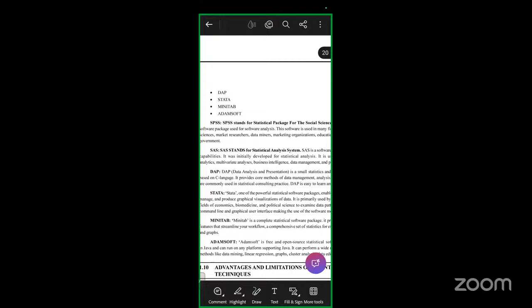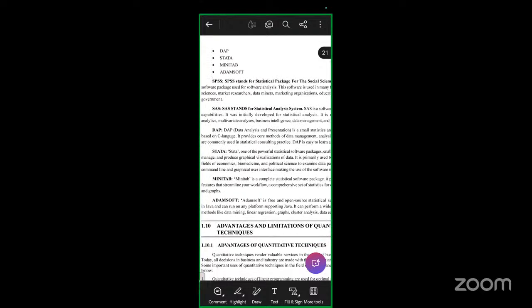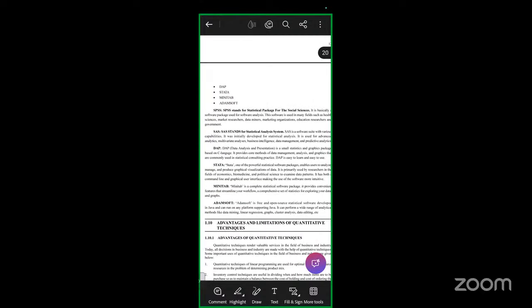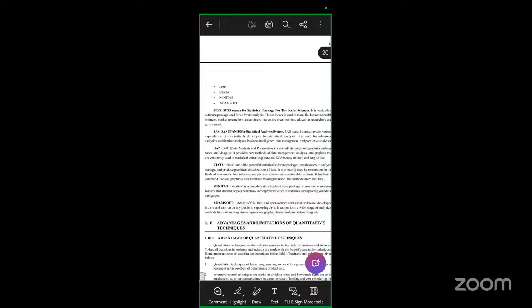Stata is one of the powerful software packages. Minitab is a complete statistical software package, and Adamsoft. So these are basic software.